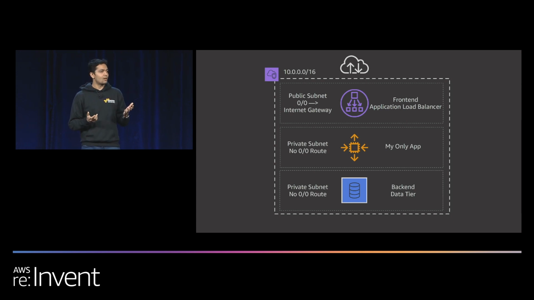It's a simple 3-tier web application where I launched multiple public and private subnets. I've got an application load balancer as a front end in the public subnet, my business logic in a private subnet, and a separate private subnet for my backend database. This is just a logical representation, but in reality, it spans across the 3 AZs, or availability zones.